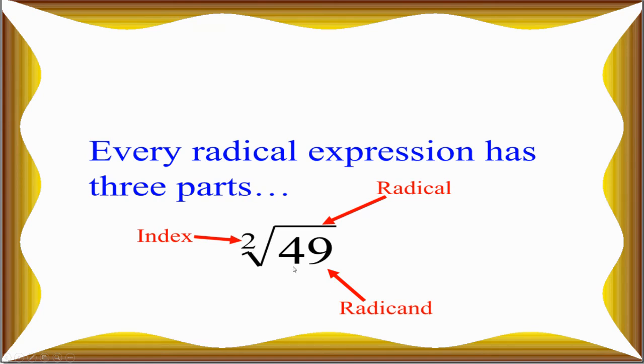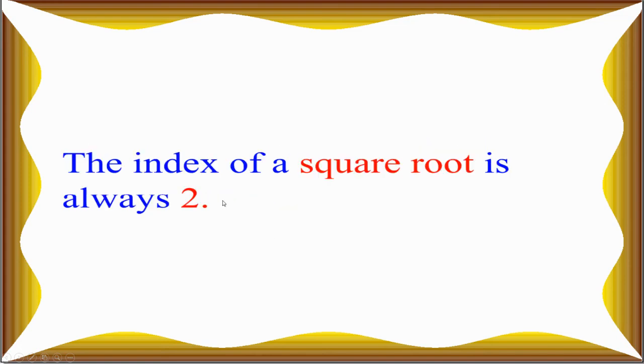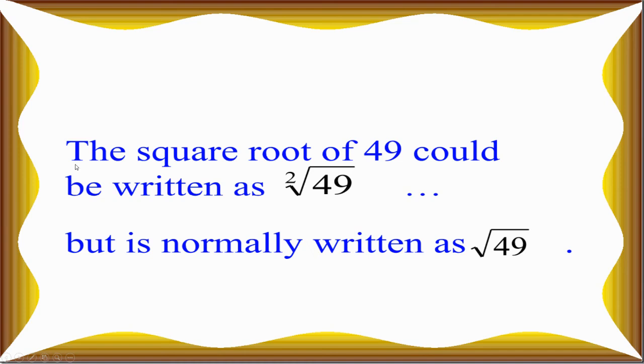And this is the radicand, the number inside the radical sign. The index of a square root is always 2. The square root of 49 could be written like this, with the index of 2. But normally, we just write it like this. If we use square root, we don't usually write 2 as the index, because it's understood as square root. It means the index is 2.